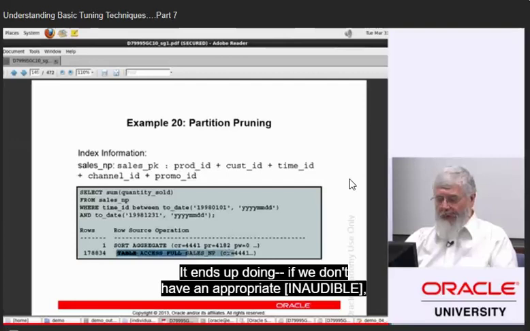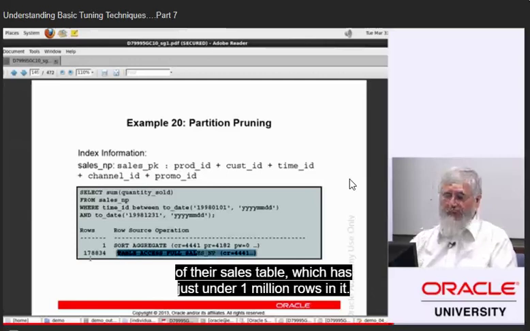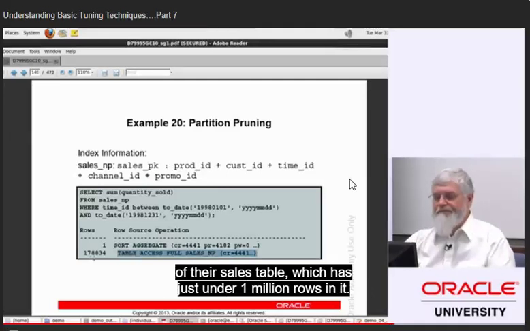What we're going to do is create a non-partitioned version of the sales table by selecting from the original partitioned version of the sales table. And then we're going to create an index on the time ID on that table, just to have an index on it. And then we'll have a look at it.